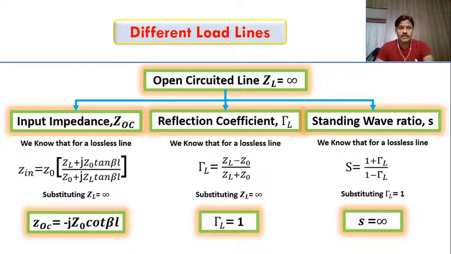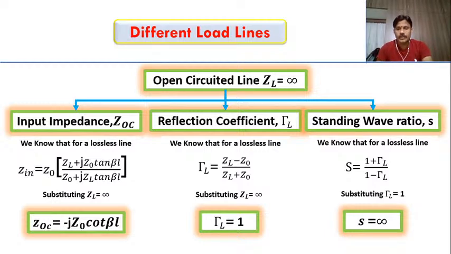In the previous case input impedance is jZ0 tan beta L, now in this case minus jZ0 cot beta L. Now don't be confused, take the term which has to be infinity as the common term, right? If you are having some confusion with the intermediate terms in the expression S equals 1 plus gamma L, you can consider the modulus of gamma L also, if you are having confusion with substituting minus 1 and plus 1.